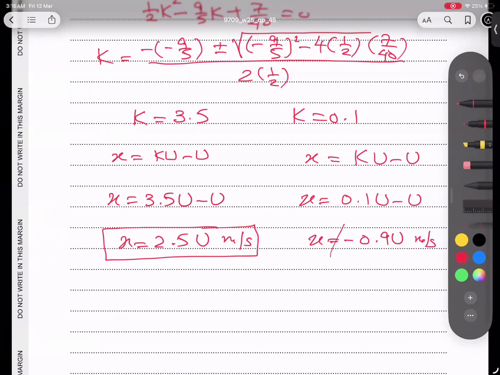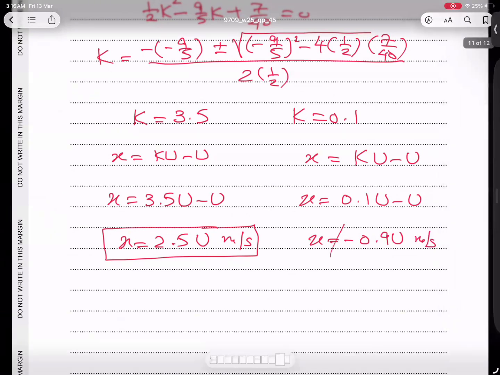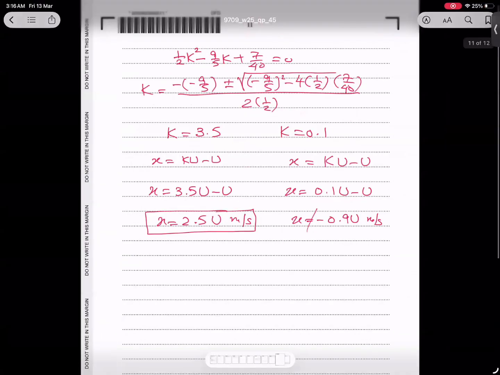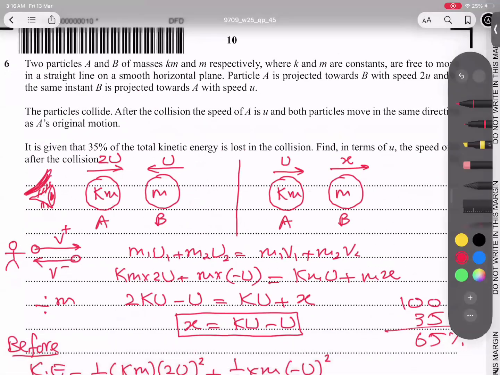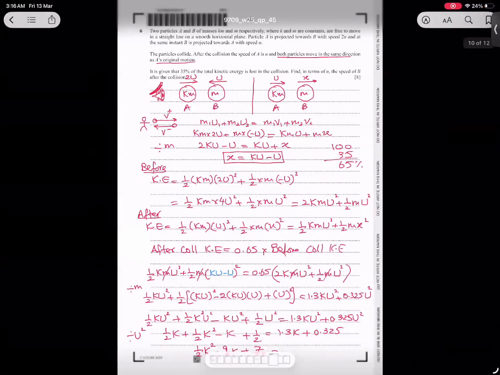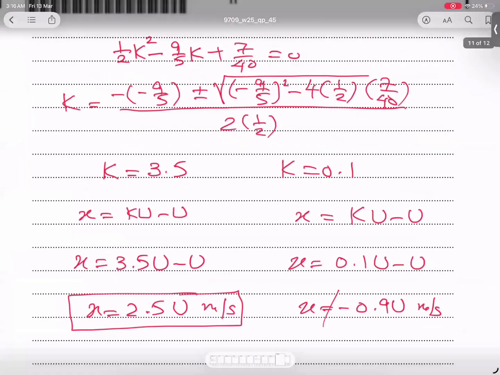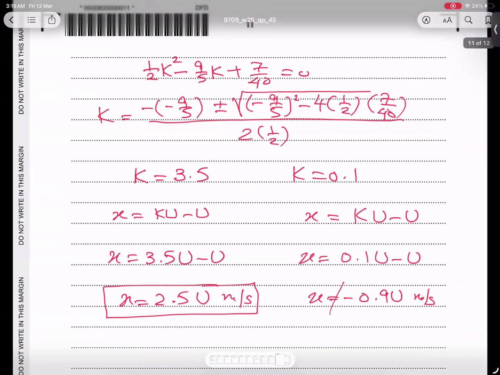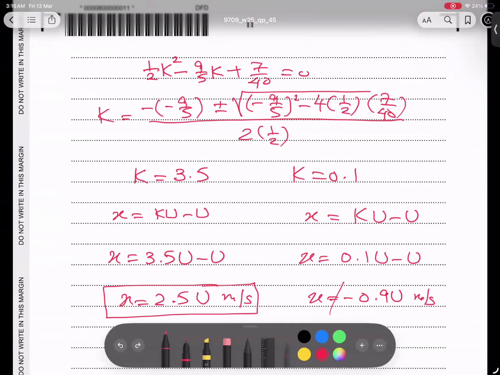Because according to the statement, he said that both move in the same direction as the origin. So both are going to the right side. If it is coming backwards, according to the criteria, we would have a negative velocity, and I'm getting a negative velocity. It means it's not possible. We got the right answer, the positive one. The negative one I will not take.